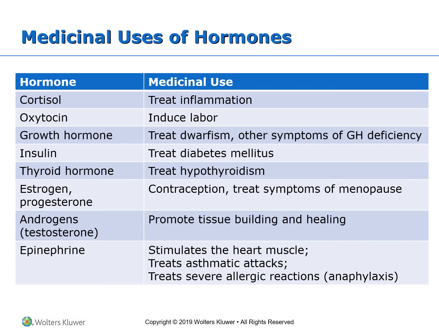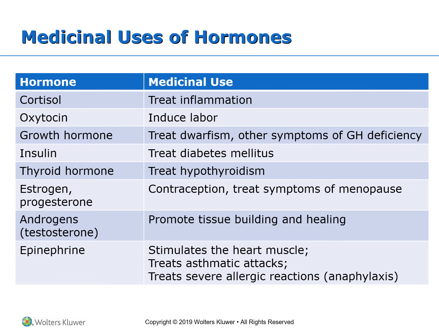We can use them to immunosuppress patients receiving organ transplants also. Oxytocin is used to induce labor, and in patients that have hemorrhage after labor, we continue to use oxytocin to contract the uterus and stop the bleeding.